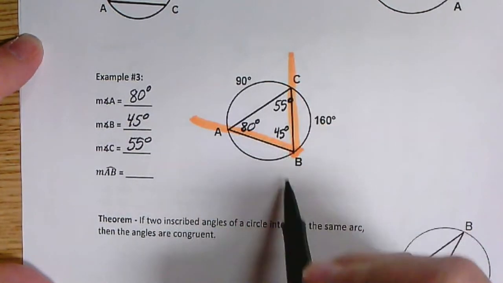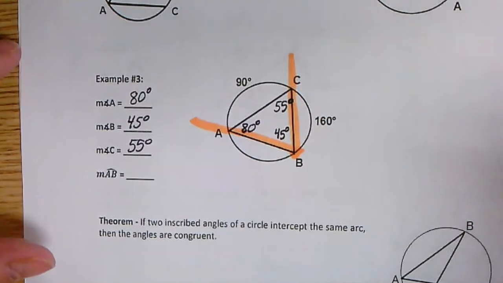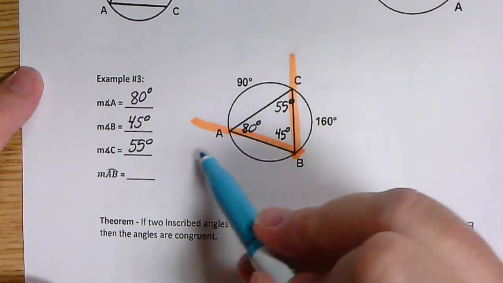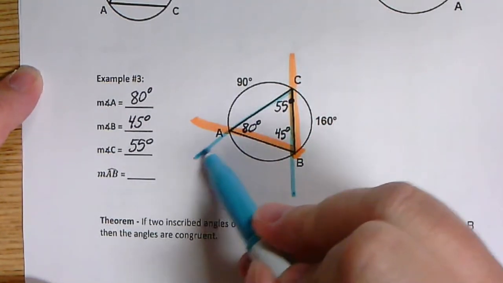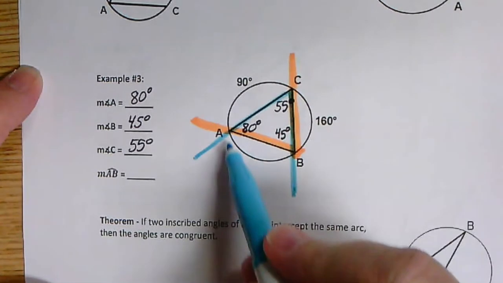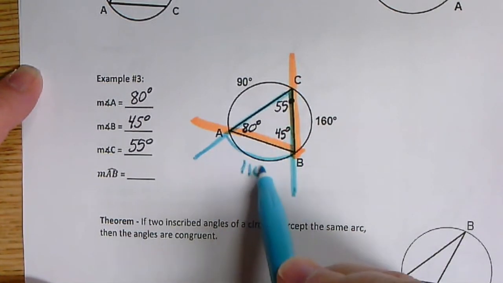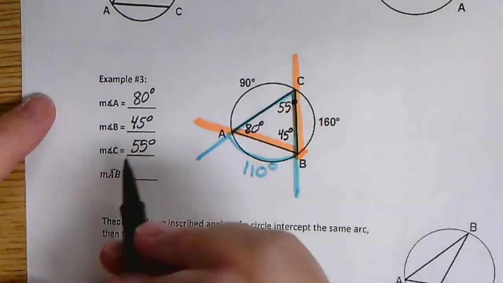And then angle C intercepts, and let me see if I can draw this on here. The blue angle here is angle C. It intercepts this arc, so if that angle is 55, this is 110. And so then we have finished example 3.